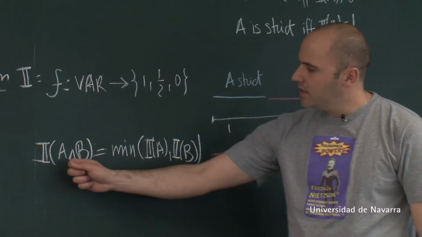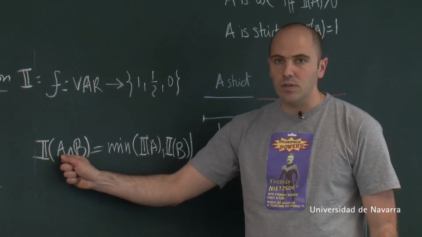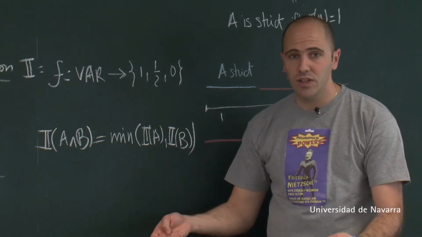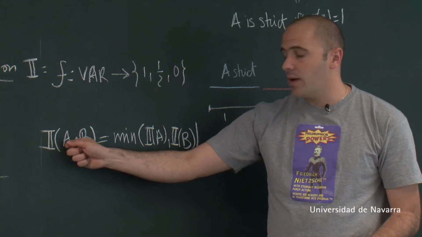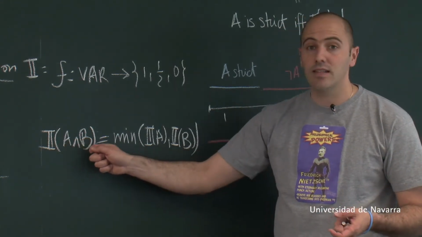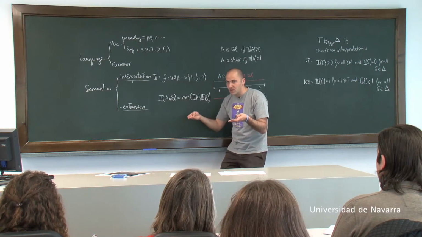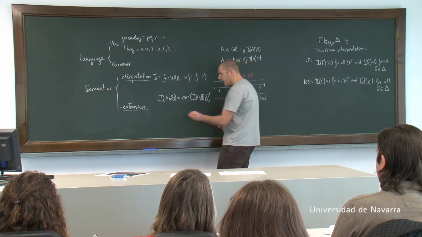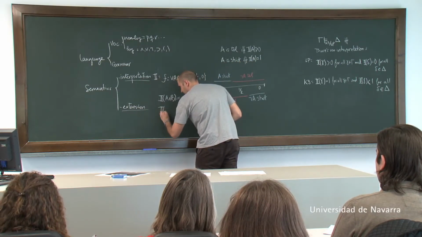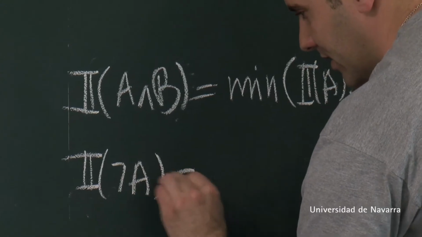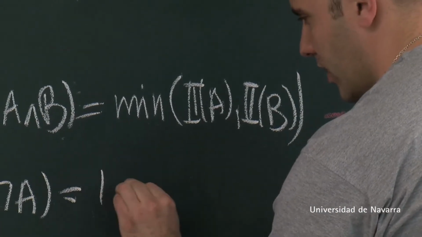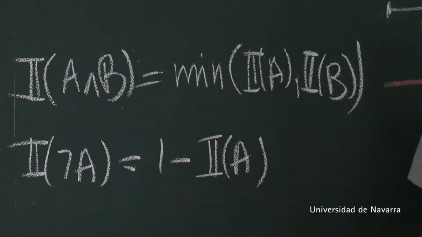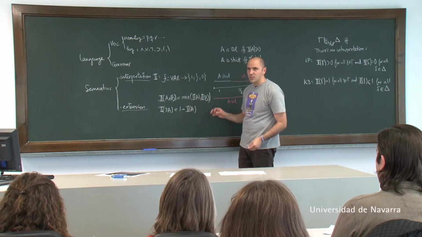This means that if A takes value 0, then the interpretation of A conjunction B goes down to the value 0. And if A takes value 1, say, but B takes the middle value, then the interpretation drops to the middle value. So it always takes the minimum value between A and B. The interpretation of negation equals 1 minus the interpretation of A. This might look a bit strange, but the idea is very simple.